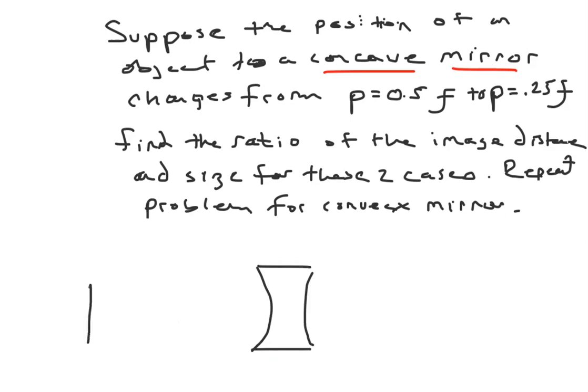Have it here, where P is equal to 0.05, and then you move it. Then you bring it closer, where P is 0.250. So that's what's going on. Does that make sense? You're moving it. It's the same object. I want you to solve this because I'm going to ask you what you need to do to solve it. But that's the situation.